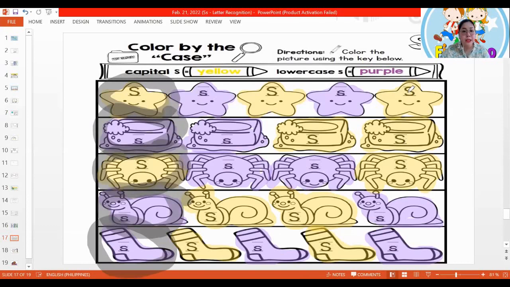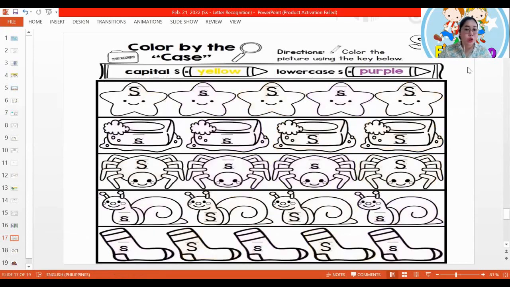Tomorrow, we will be learning about other pictures that begin with the capital letter S. Also, practice some more making our letter S the capital letter one. And what else? Also sort our letter S. So everybody did a good job.